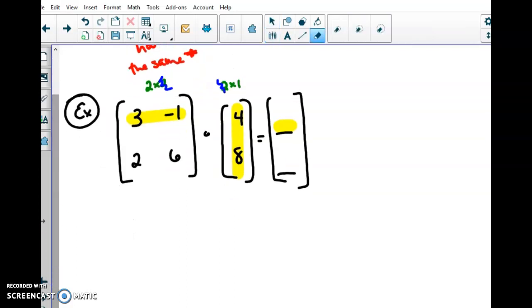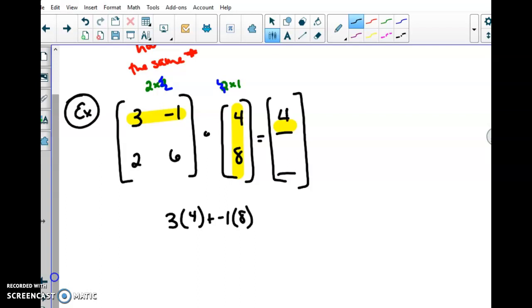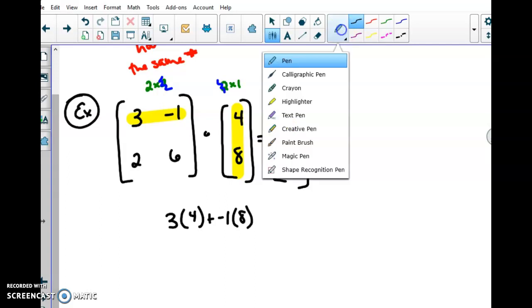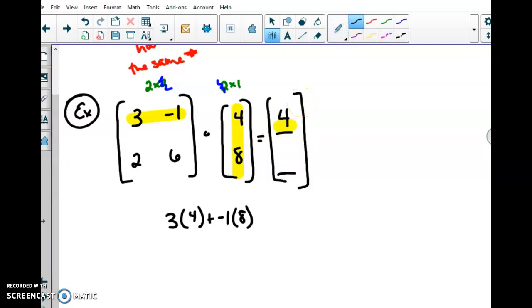Personally, I like to set this up a little bit differently, but I'll leave it how it is. So I have 3 times 4 plus -1 times 8. So I'm going to get 12 plus -8, which is going to result in a 4. The next one, I'm going to take my second row by my column.